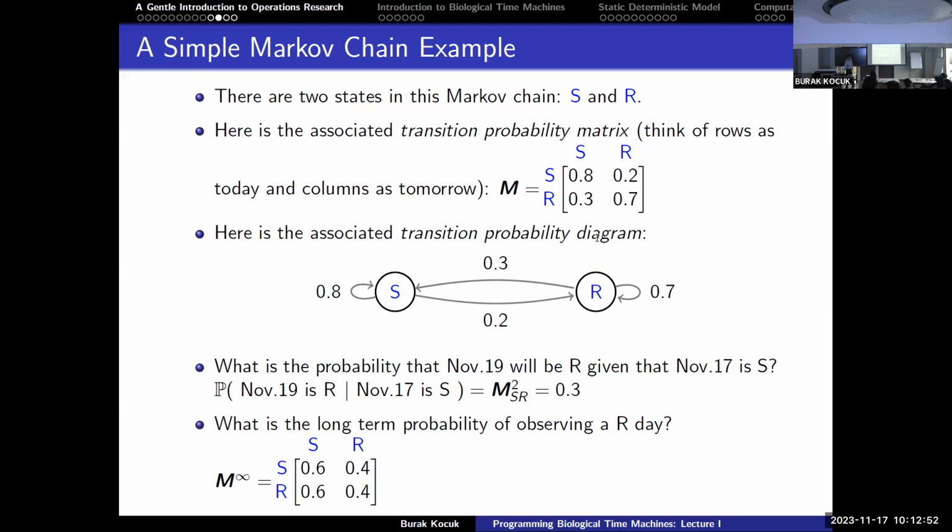And to answer the second question, what's the long-term probability of observing a rainy day? That's essentially what you get when you multiply this matrix with itself infinitely many times, and you observe that it actually converges to something which is uniform in rows. Okay, so that's an interesting property. By the way, this structure doesn't happen for all Markov chains.